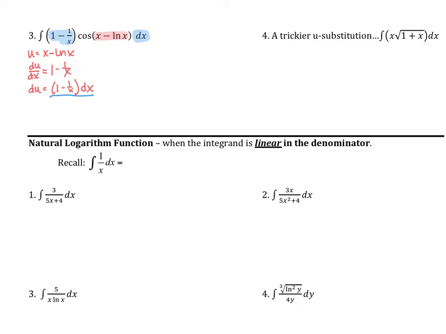Okay, so we would have the integral of the cosine of u du. The integral of cosine of u is sine of u plus c, and replacing the u we get sine of x minus natural log of x plus c. So it looks bad, but really is not too bad.